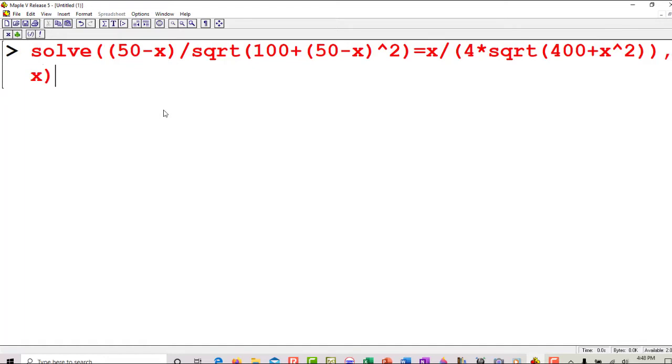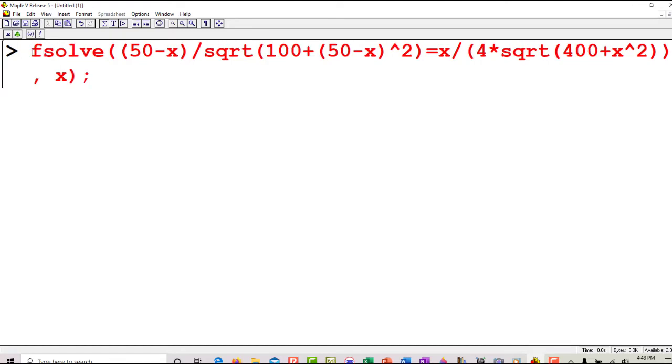And we're going to solve that for x. But in order to do that, I'm going to find the floating point solution. And it tells me the answer is 47.63. So the dog should run 46.63 feet down the beach and then jump into the water and go towards the ball.